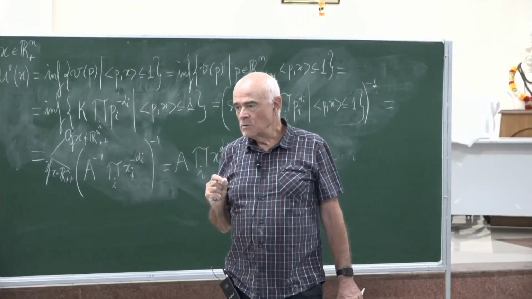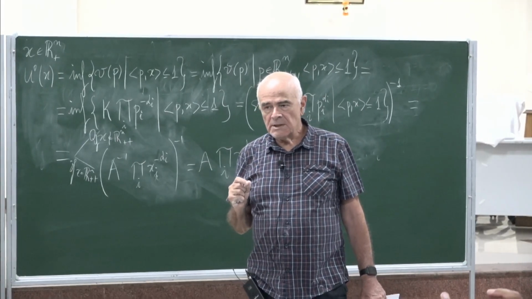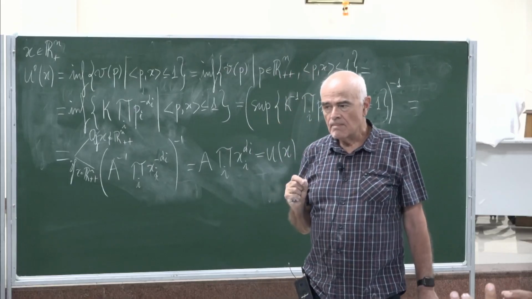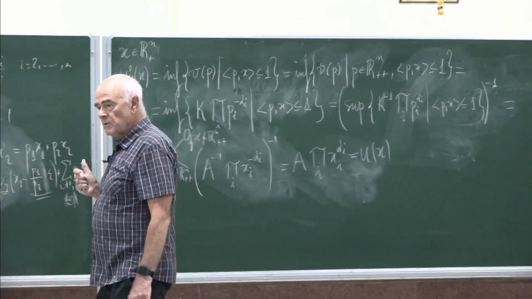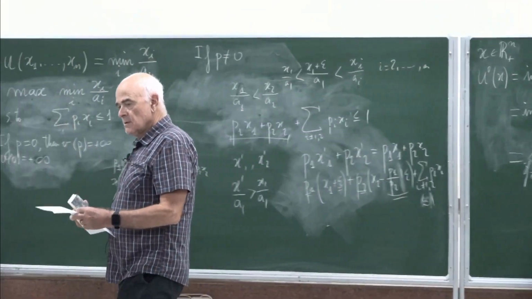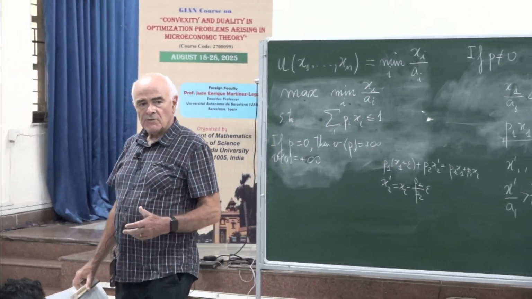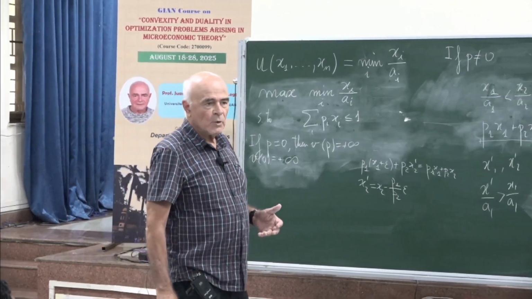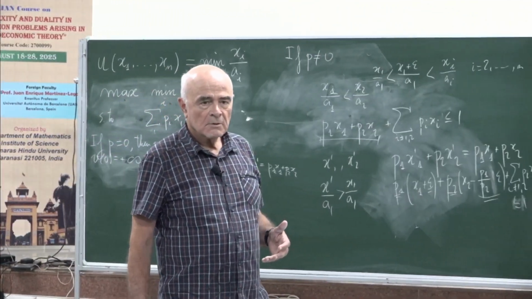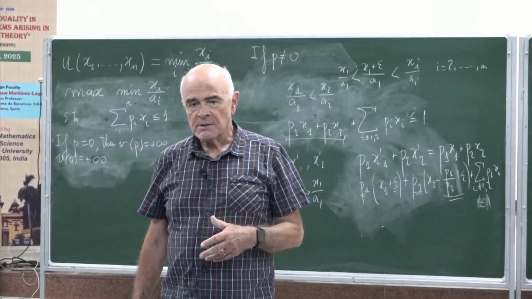Is it now more clear what I said? Economically, it's very intuitive. If you want to cook that food, you don't need to have too much of any of its ingredients.